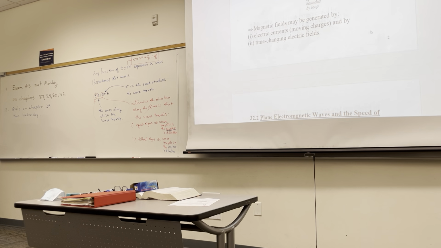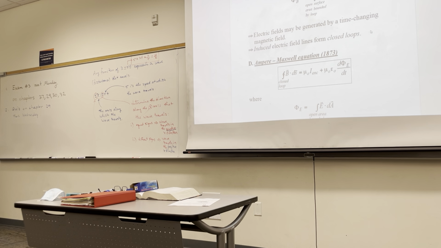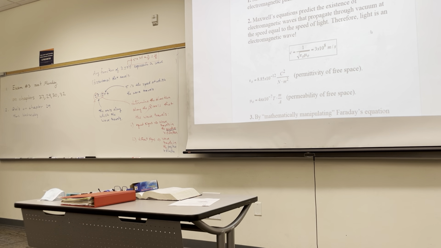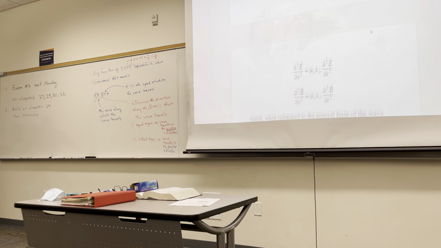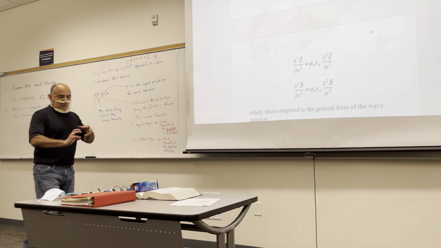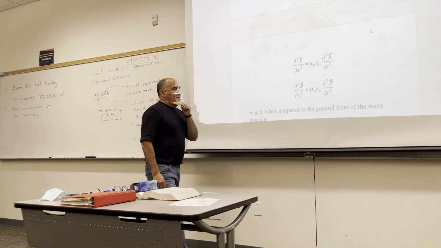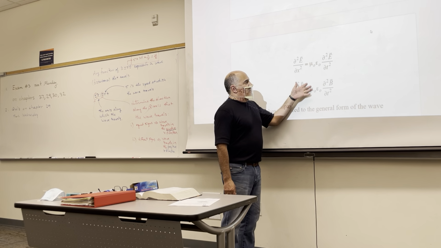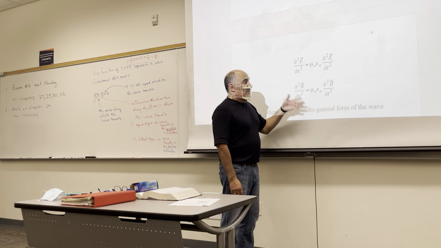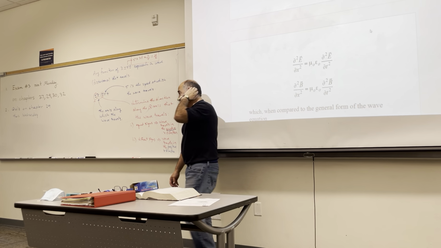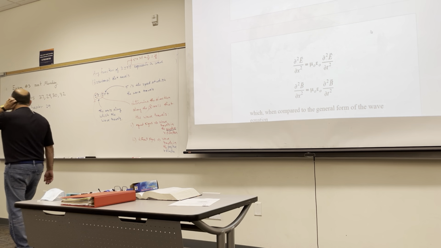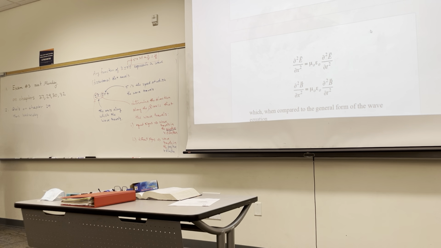Maxwell manipulated these equations, and he was able to show that, when you consider the four equations with his correction to Ampere's law, the electric and magnetic fields satisfy equations like this, which he recognized as a wave equation, a disturbance that propagates in space as time goes on.